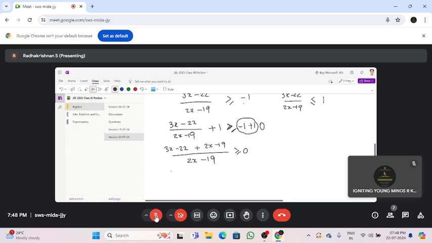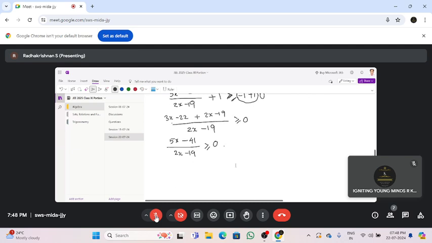So this becomes 5x, 3x plus 2x is 5x, minus 41, since 22 and 19 make 41. Now we have got (5x minus 41) by (2x minus 19) greater than or equal to 0.